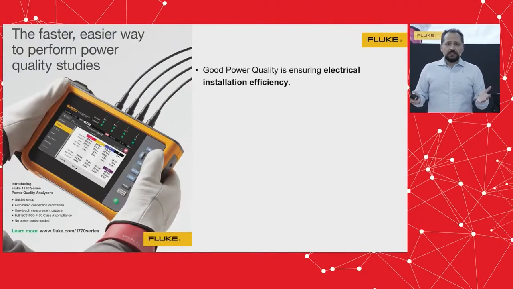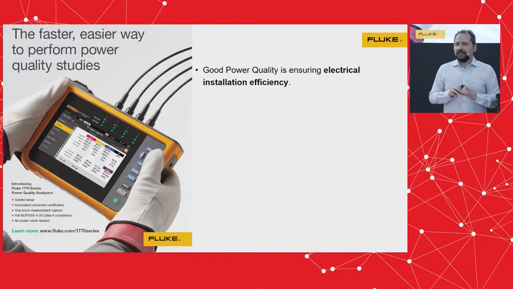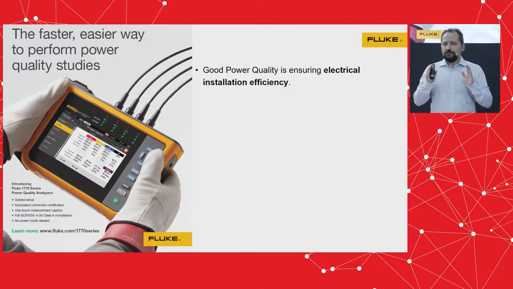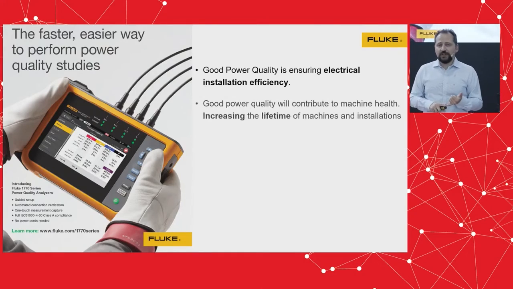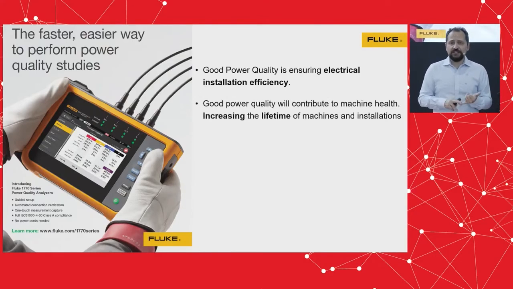So that's everything I wanted to share with you today. Just as a wrap-up, my suggestion is that you'd better take steps in monitoring your power quality, knowing where the issues may be coming from, and taking measures to correct those issues, because that will ensure more efficient operation of your production facility.